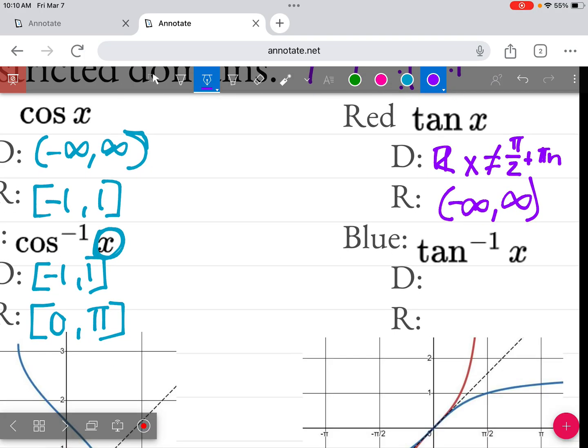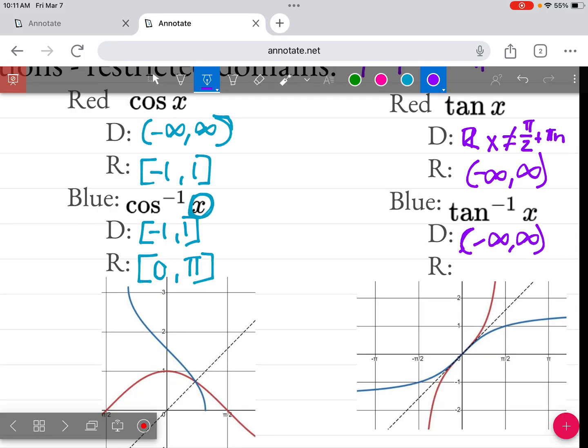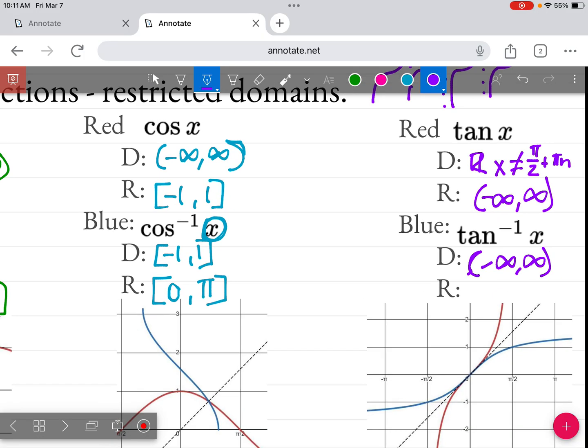So what is the domain for the inverse of tangent? All real numbers, from negative infinity to positive infinity, because what we're going to do is take one of those little S curves and keep it by itself, kind of like that. So I can have any x in the existence of the universe. Where is it going to land?